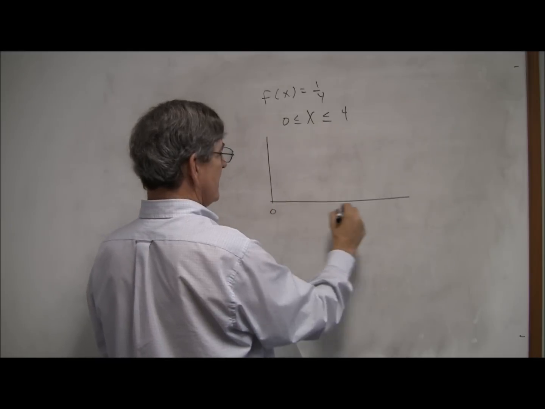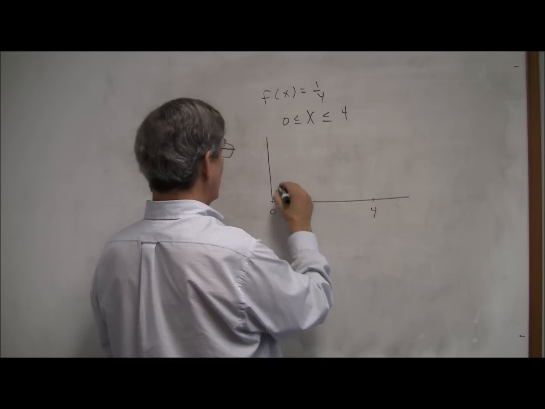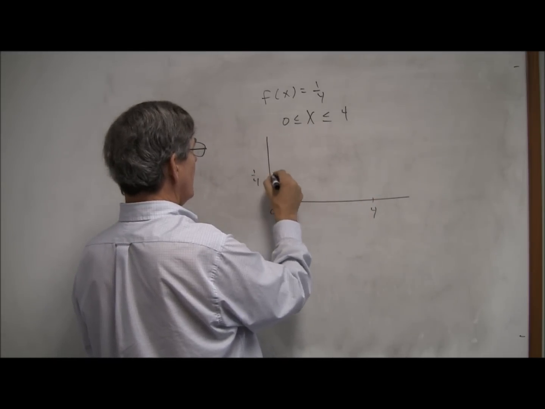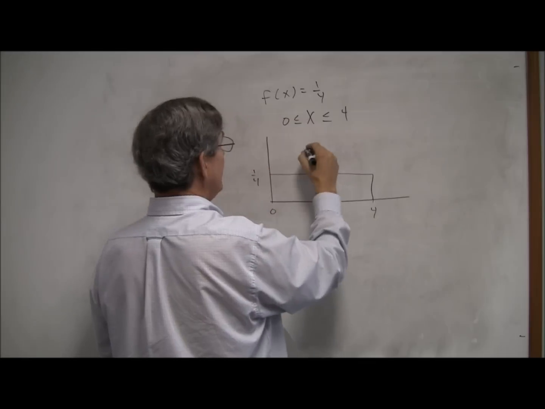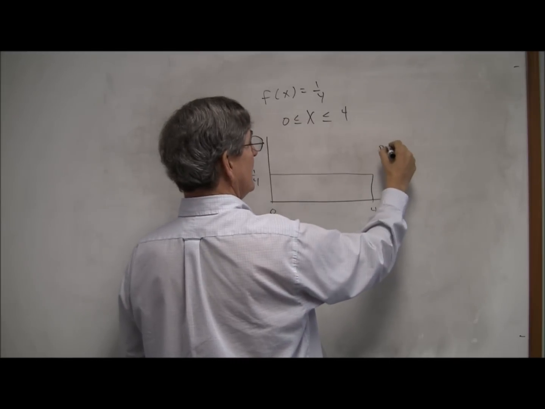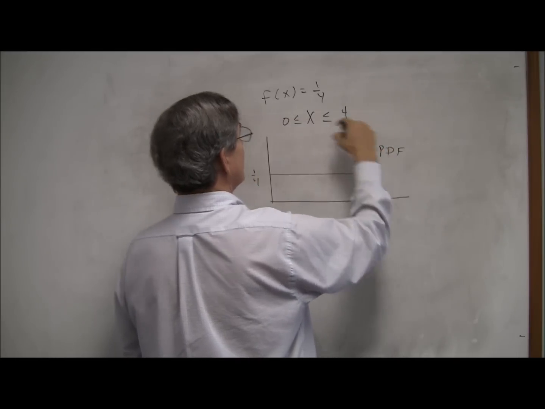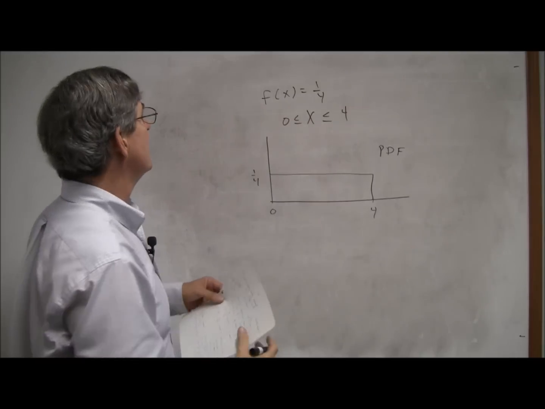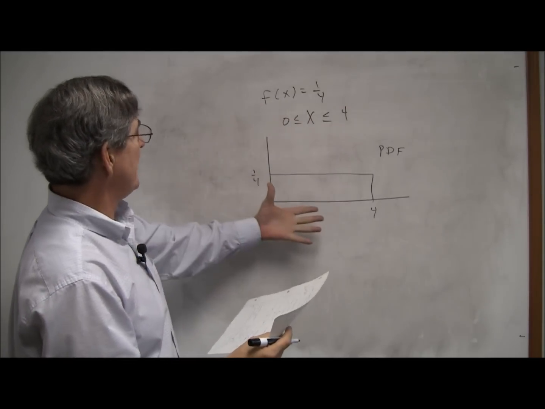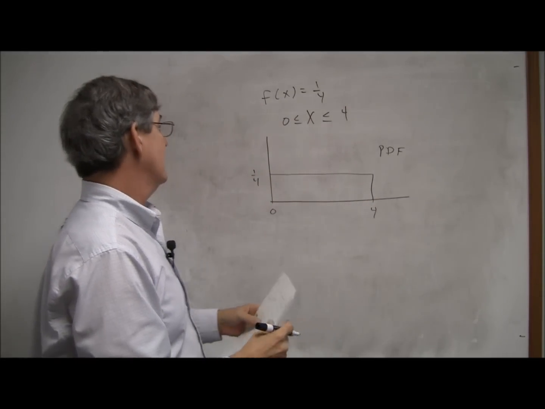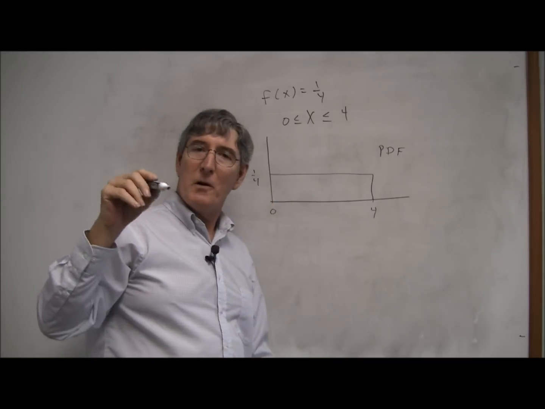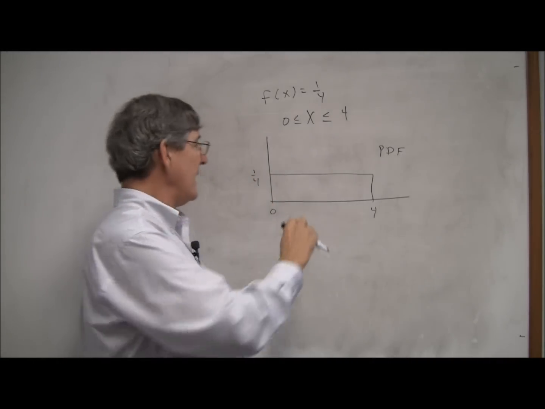It started at 0, it ends at 4, and it has a height of 1/4. Here's a picture of it. If I integrate over this whole thing, the integral from 0 to 4 of 1/4 is 1. The area of this is 1.